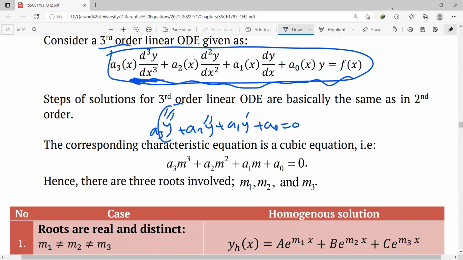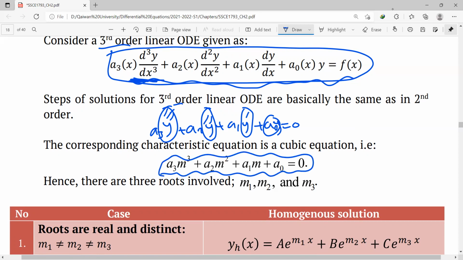We replace y triple prime by m cubed, y double prime by m squared, y prime by m, and for the last one we just have the constant a0. So this is the characteristic equation. For this equation, we are going to find the values m1, m2, and m3. Since that's a polynomial of degree 3, we have 3 values for m.